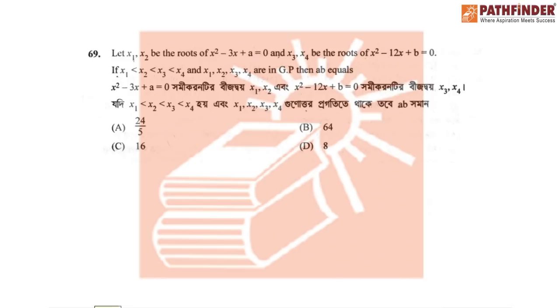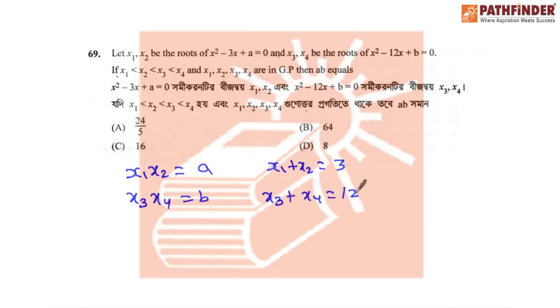Now next is 69. Since this is the roots of this equation, so we can write x1 x2 is equal to a and x1 plus x2 is equal to 3. Similarly we can write x3 x4 is equal to b, x3 plus x4 is equal to 12. They are in GP, so we can assume the first term as a and common ratio as r.